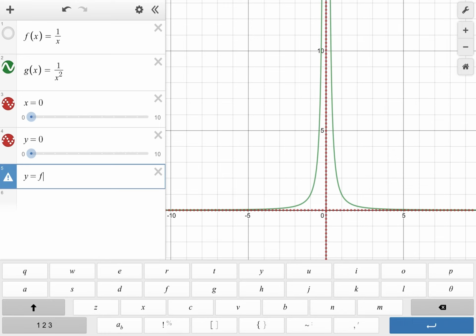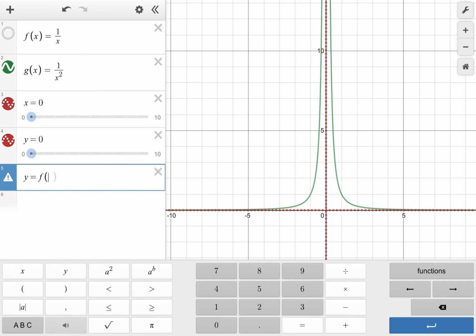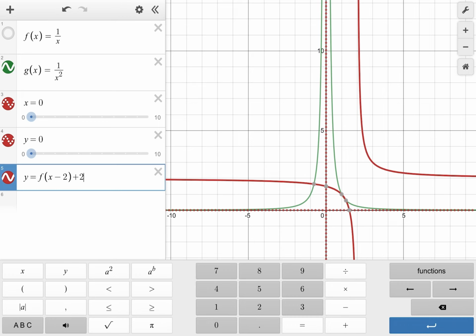And I wanted to move my reciprocal squared function horizontally by, let's say, 2 units. So I would say this will move my function horizontally by 2 units and vertically by 2.